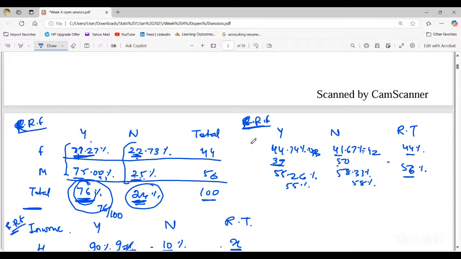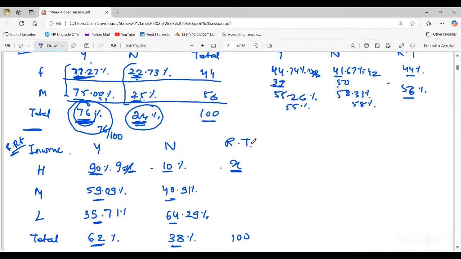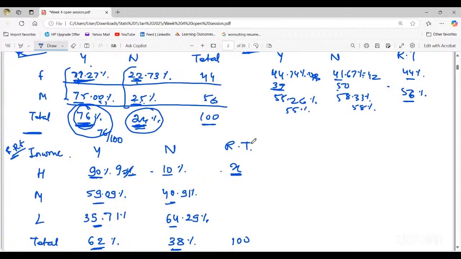So when we are comparing y upon the total of 44, we are calculating the row relative frequency. When comparing row total, then row relative frequency. Comparing column total, then column relative frequency.